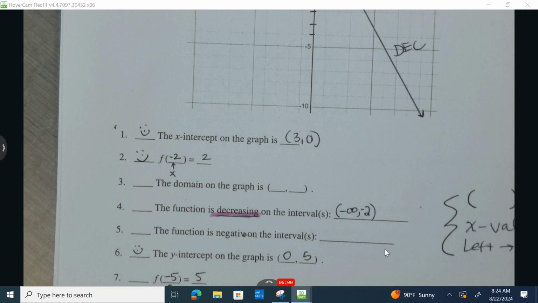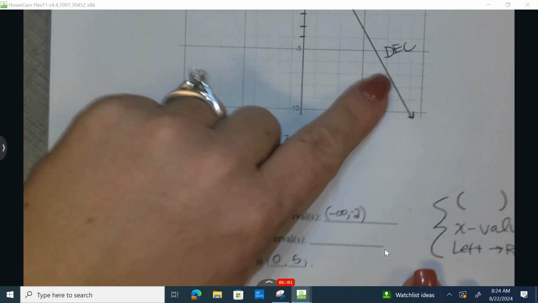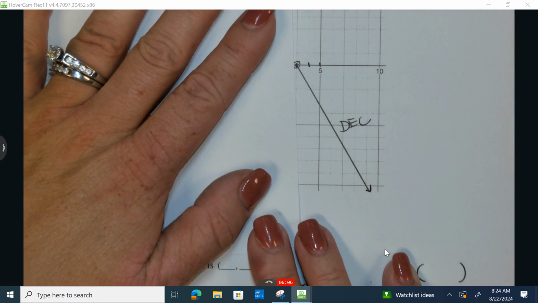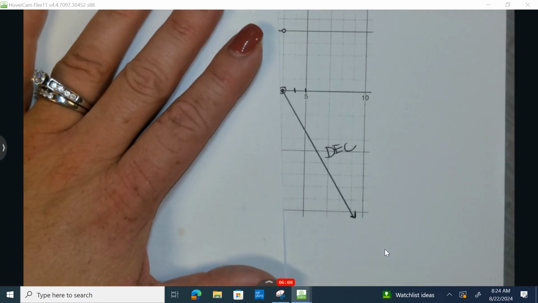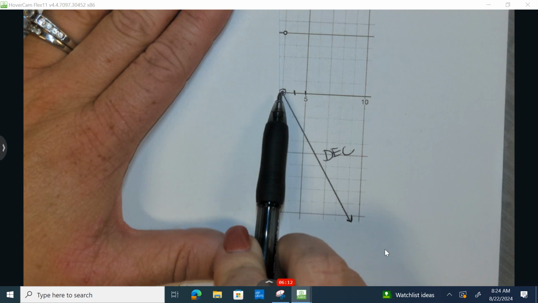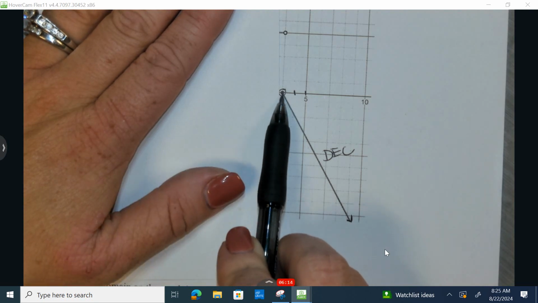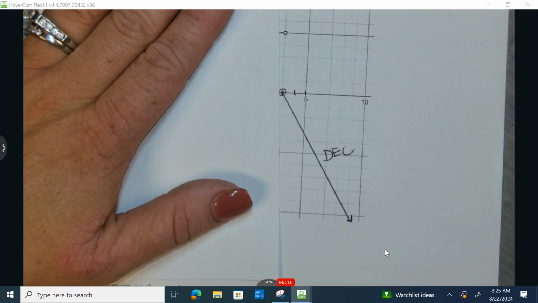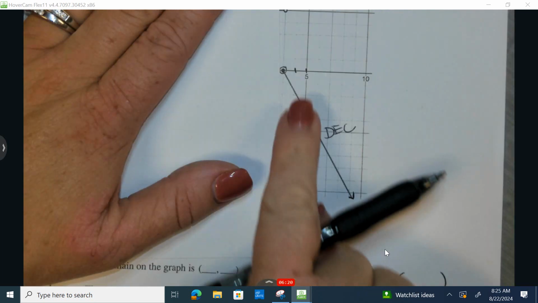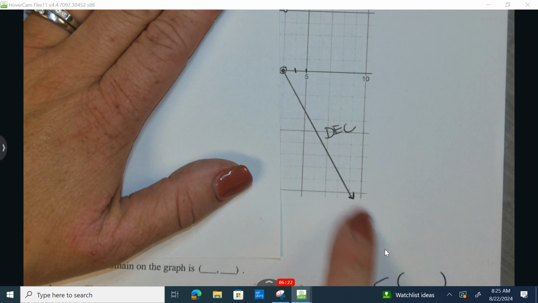Okay, let's move on to the next part. This is also decreasing, so I'm going to cover up the other part, and I will allow you to use a blank piece of paper that I can provide you when you take this quiz. What x value, once it leaves that x value, begins to decrease? Positive 3. So I'm going to come right back over here. Positive 3, and as it moves to the right, it's decreasing.